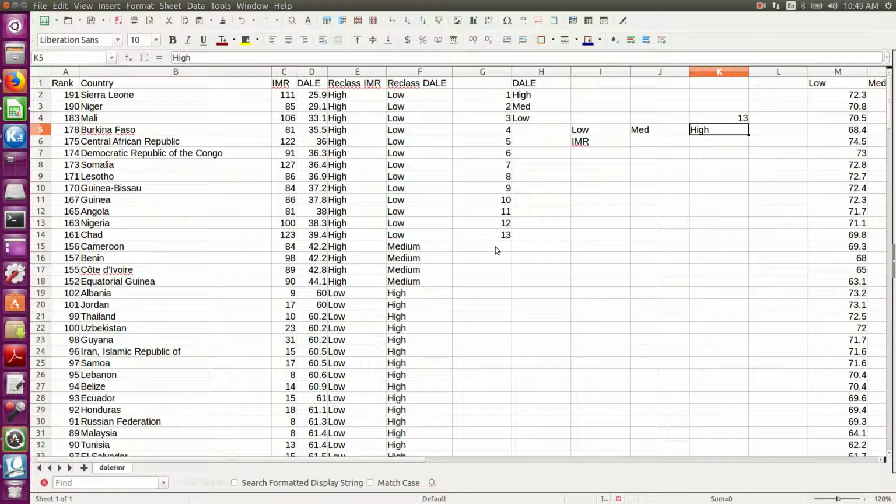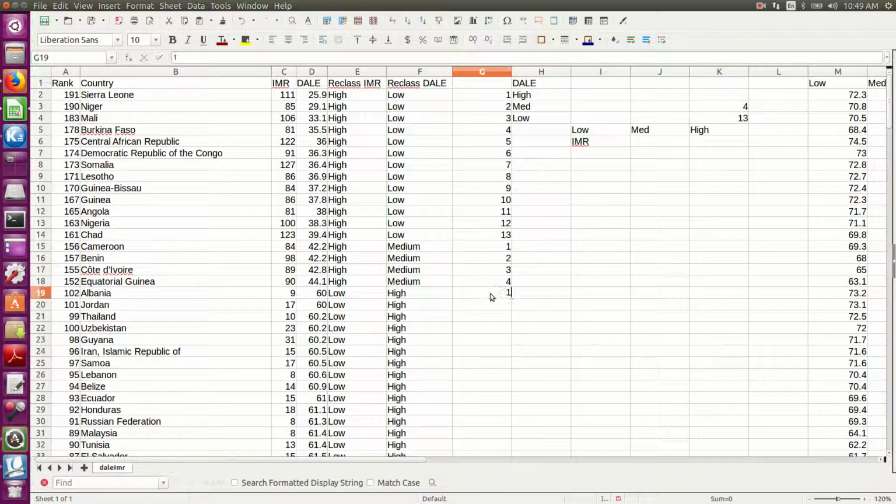Okay, so now here, I can count them just by looking at them, but I'm going to put the 1, 2, 3, 4 in there. So this is high and medium, so there are 4 there. Then now I have low and high.